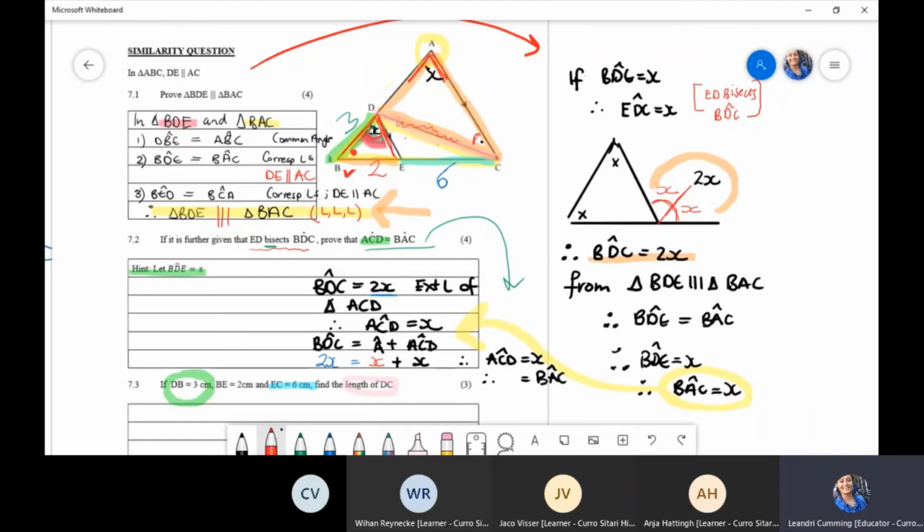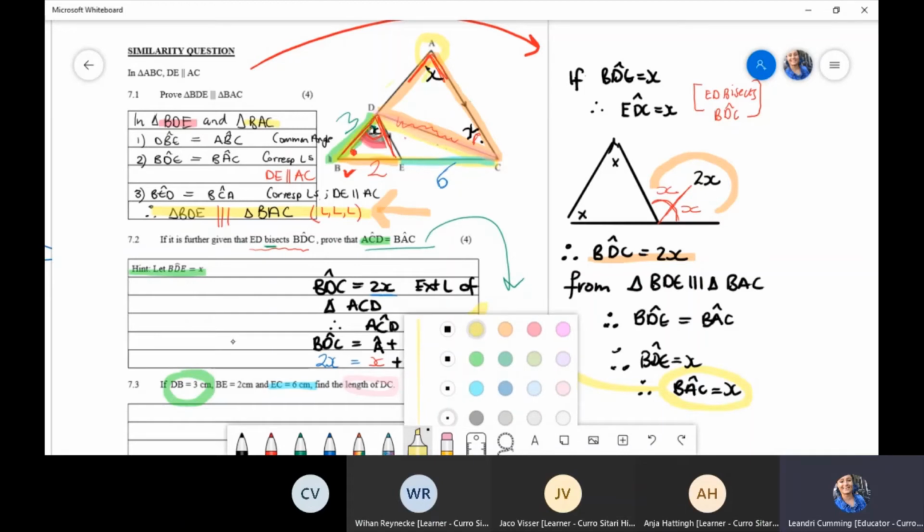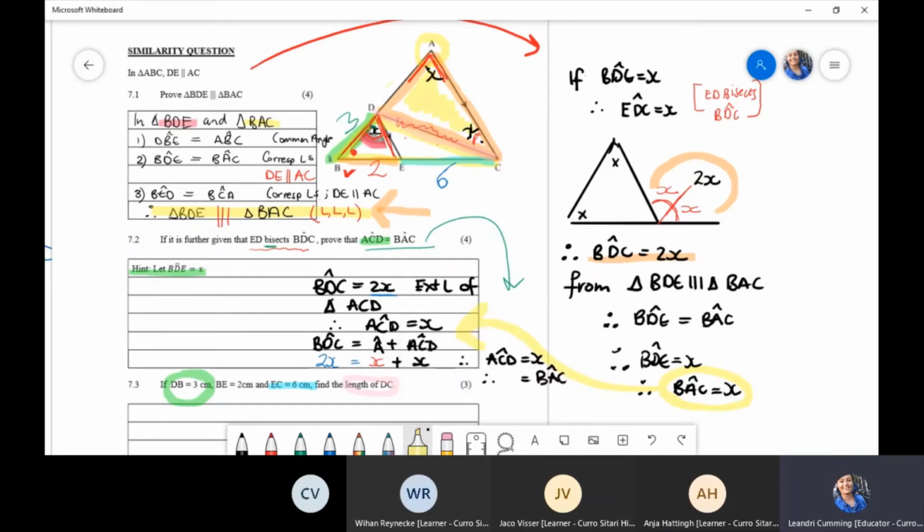We've also already proven that we've got a couple of angles that are the same. So if I take this triangle, I'm going to color it in yellow. Look at how we are building on the previous proof: whatever we've just proven becomes something that we can use to prove the next thing. Now, if I look at that triangle, I should know that it is an isosceles triangle.